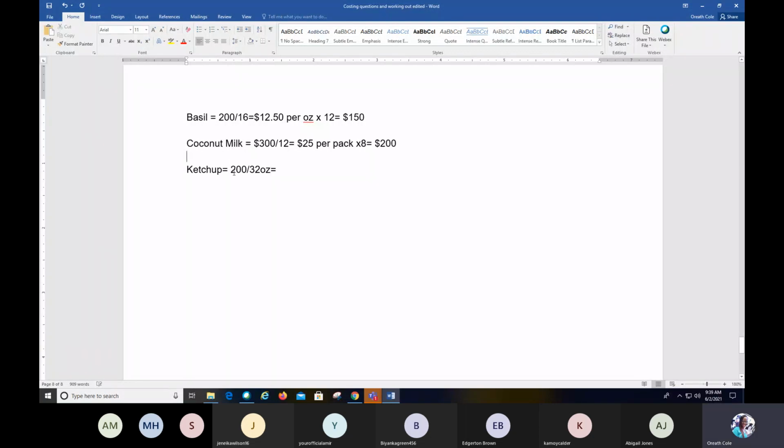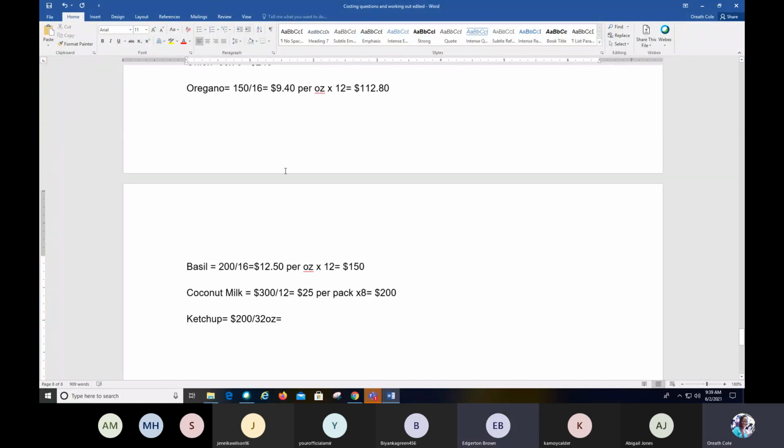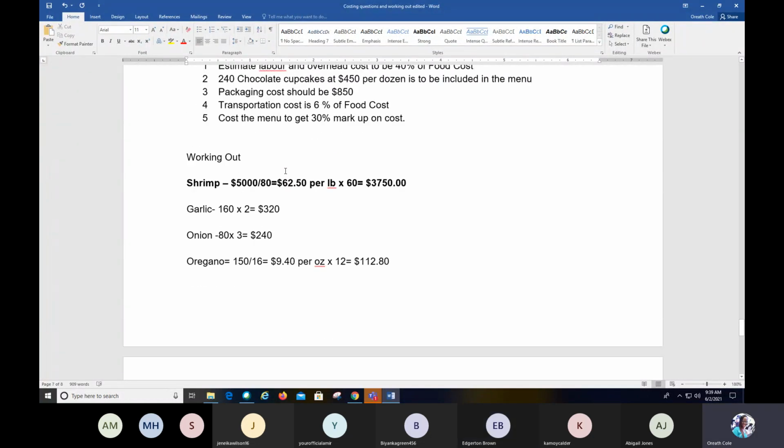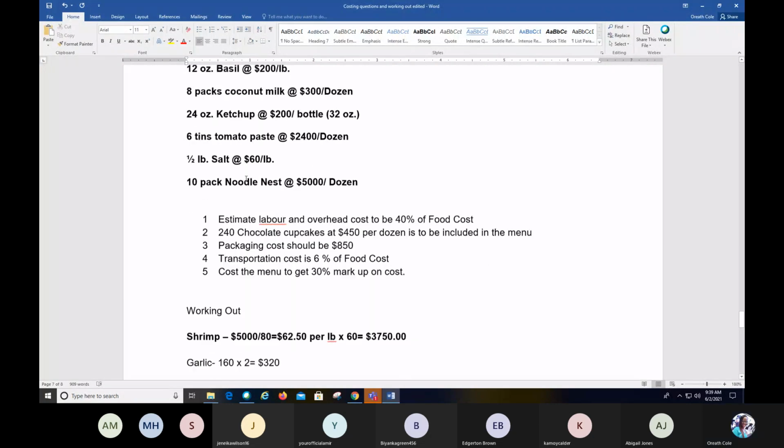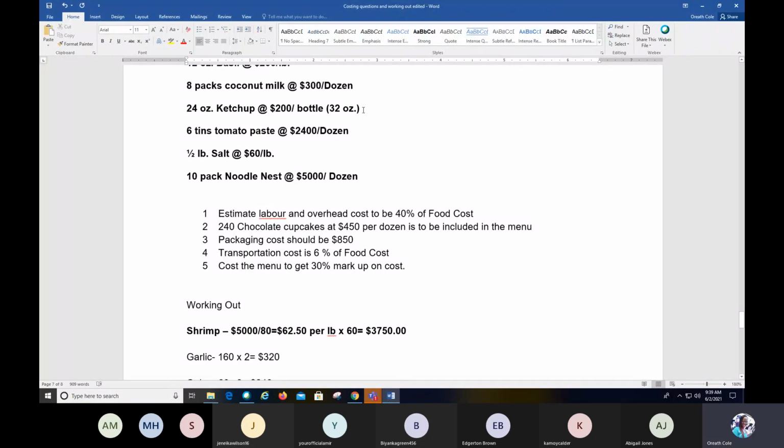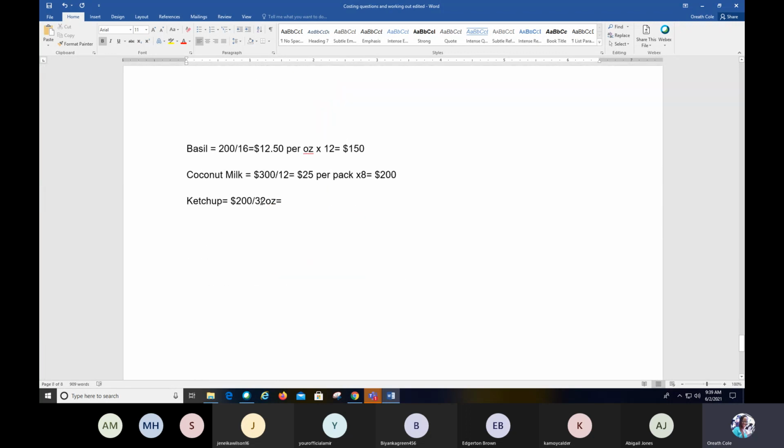That's why I gave you this in the bracket here, 32, because that's how much is in the bottle. So divide 200 by the 32 and tell me what you get, please.